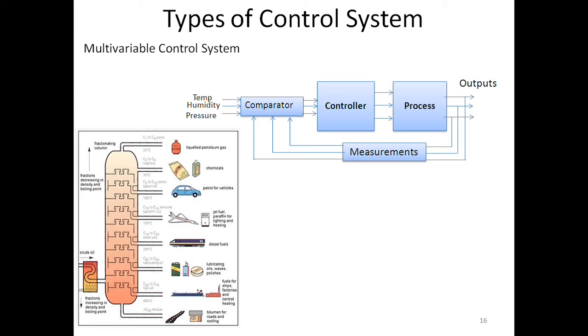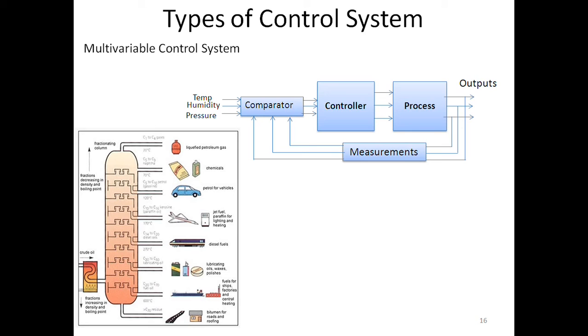The next is the multi-variable control system. Look at this block diagram. Instead of a single input, there are so many inputs. Then the comparator is there, the controller is there. There are so many outputs, so we are measuring individual outputs.